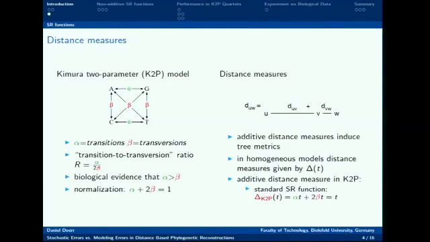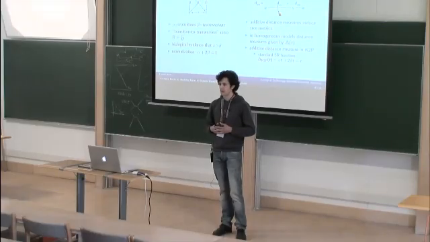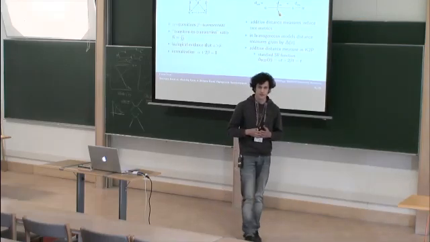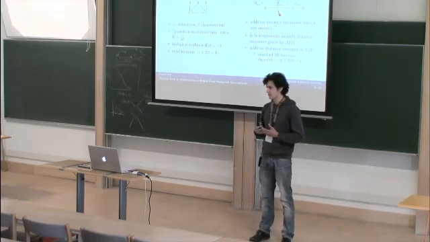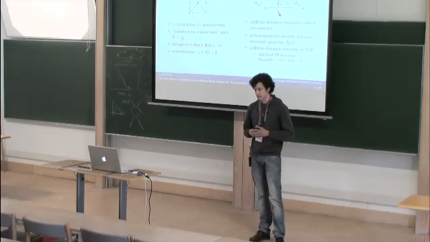And this is the connection between consistency and additivity. So when we are using additive distance measures, we will get the correct tree if the estimates are correct, and that's why it's called consistent.